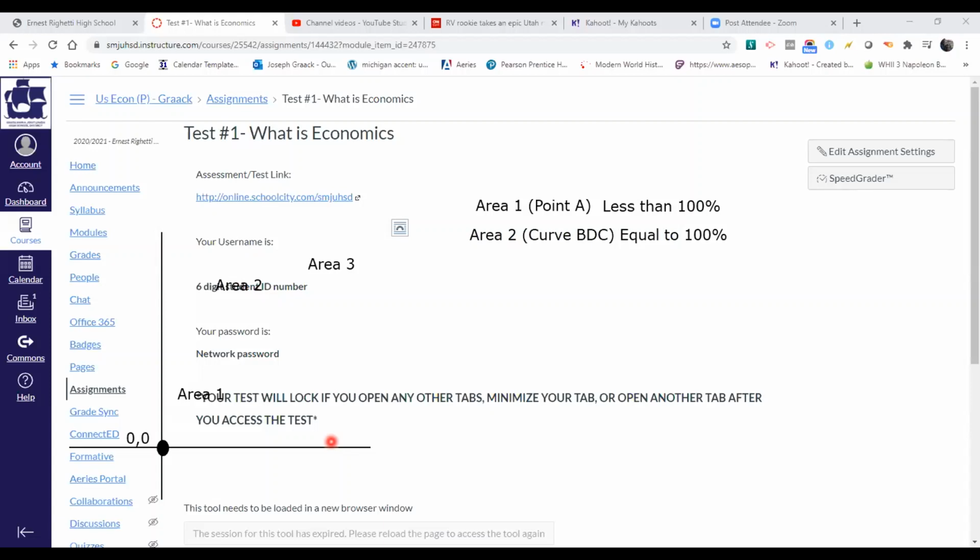And so that means if we go to, now let's go with Bryce this time, area 3 is going to be what?